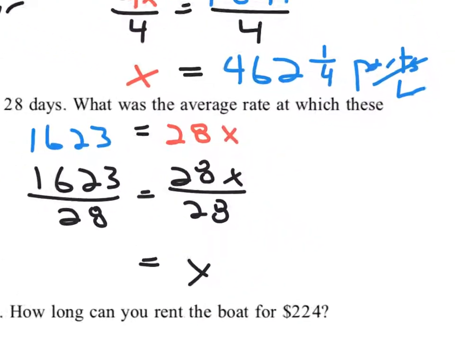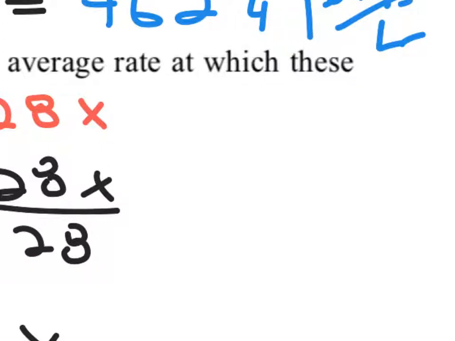So now when I zoom in, I'm going to do 1,623 divided by 28. Okay, and I know that this is about 25. It's a little more than 25. So I'm going to think of groups of 25. This is close to 150. So how many 25s in 150? There's 6.